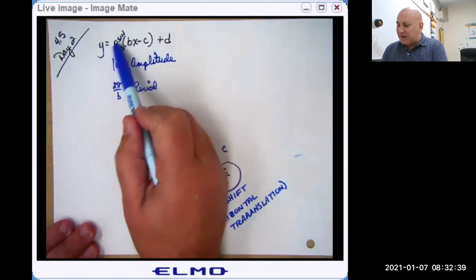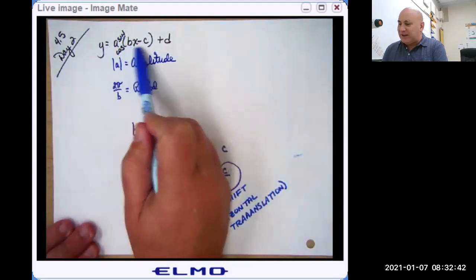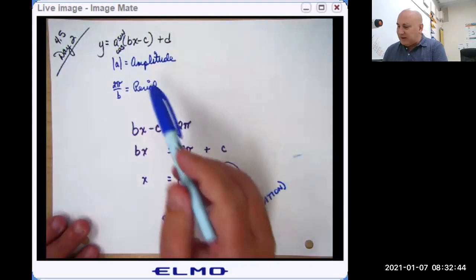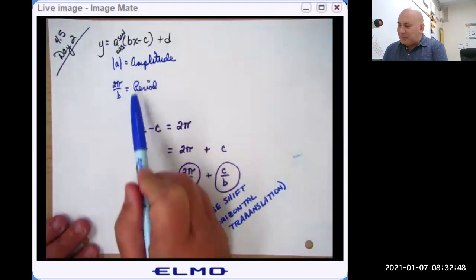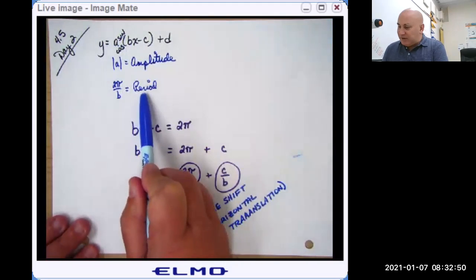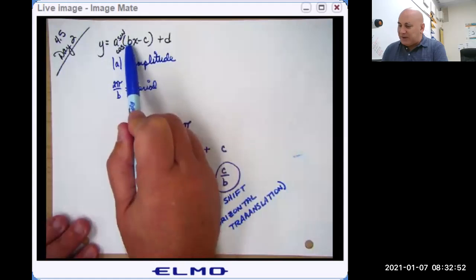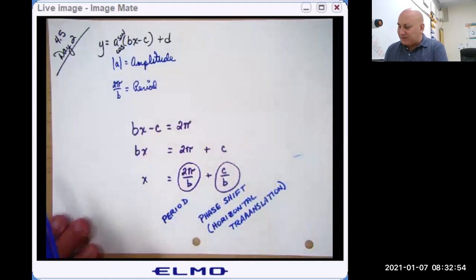Y equals a times the sine or cosine of bx minus c plus d. We already know that the amplitude is the absolute value of a, and the period of the function is 2 pi over b, b being the number in front of x.